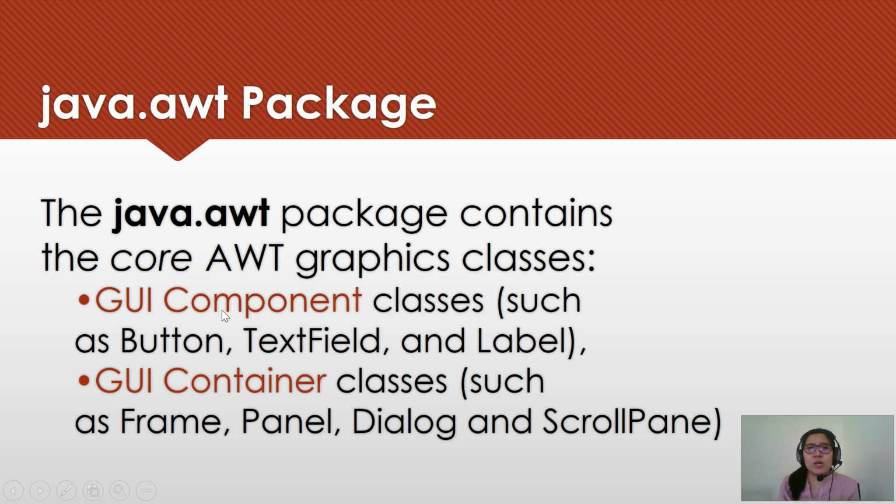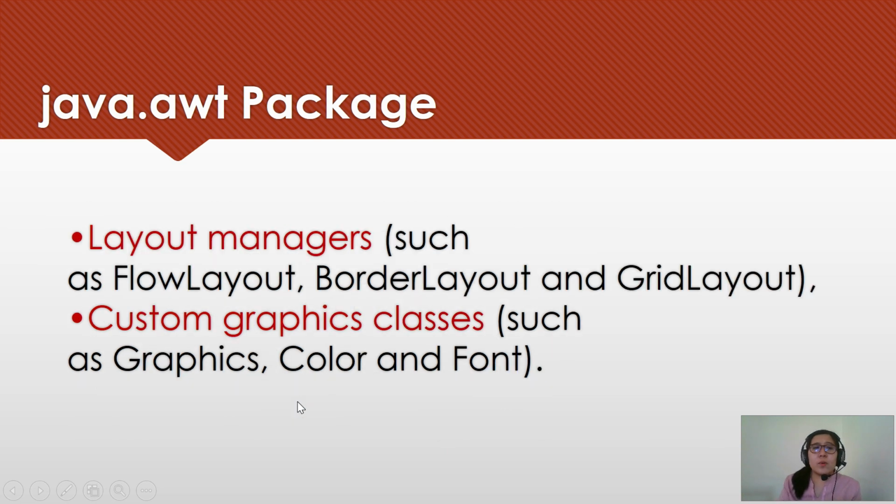package. We have the first one, the GUI components such as buttons, text field, and labels. Another, we have our container, which includes frame, panel, dialog, and scroll pane. We also have the different layout managers such as flow layout, border layout, grid layout. We have also card layout, grid bag layout, and box layout.